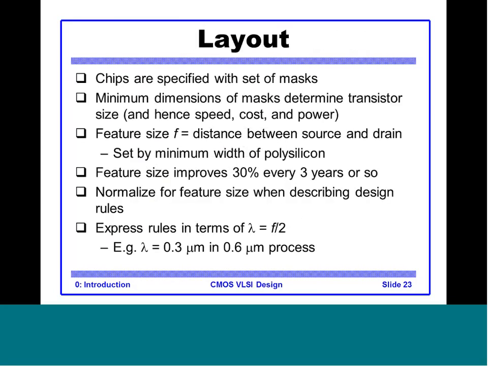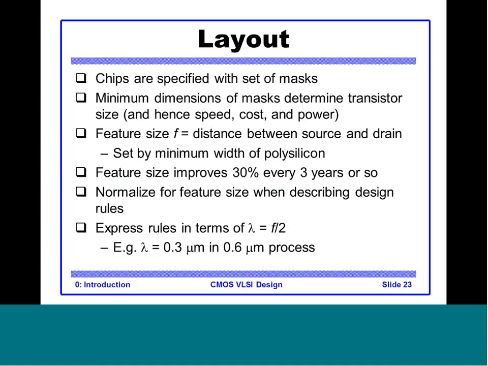Okay, let's look briefly at how the circuits are laid out. Whenever a VLSI design is manufactured, it is manufactured using a set of masks. A mask is like a photograph.